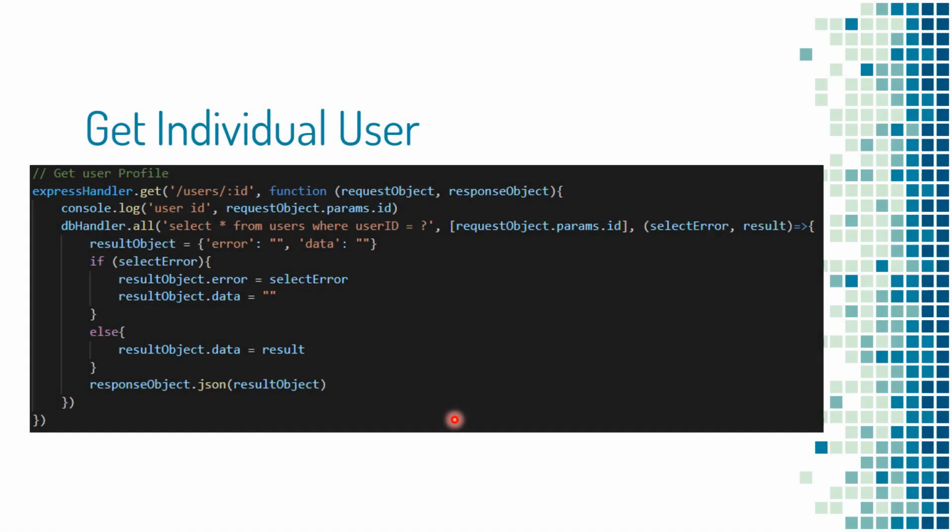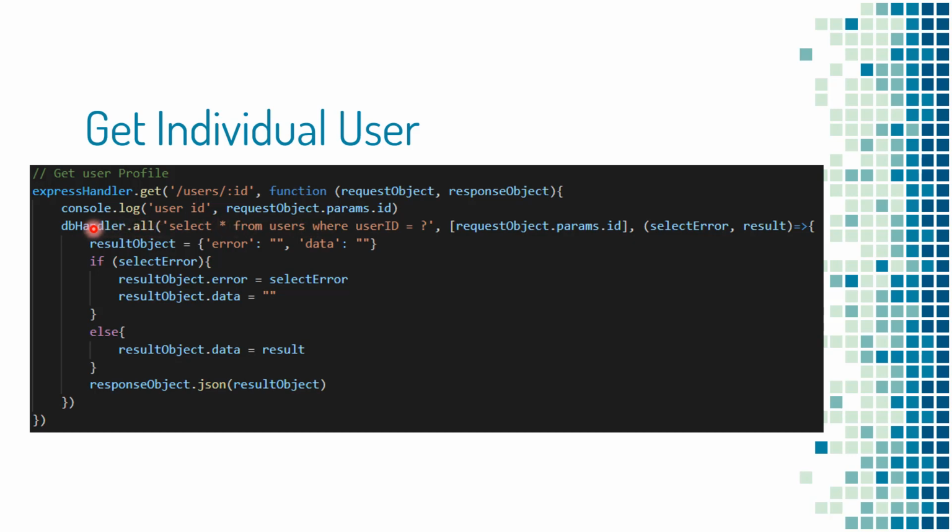So to get an individual user, as you can see here, I'm passing some parameters. The way Express is built, you can use a colon ID. That means this ID is going to be a parameter. And to access this parameter, you may use the request object. As you can see here, the request object, params, then the name of the parameter. So if you pass, let's say, user ID, you would have a user ID from here.